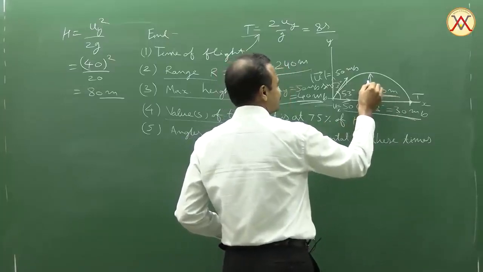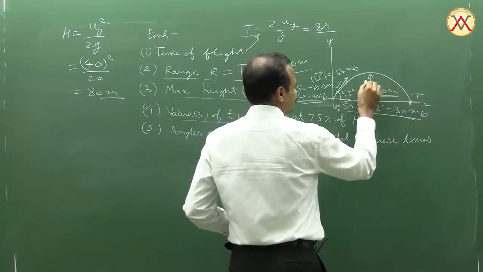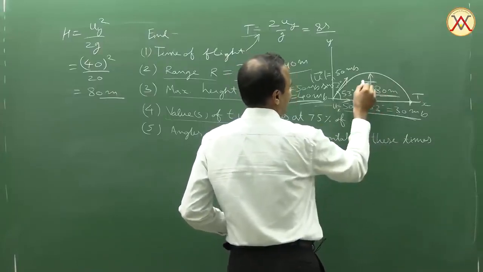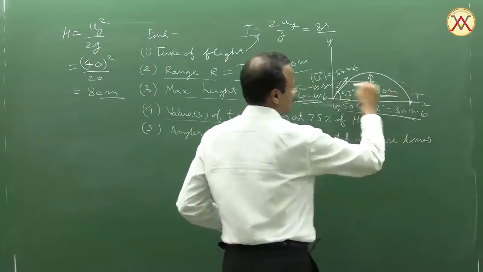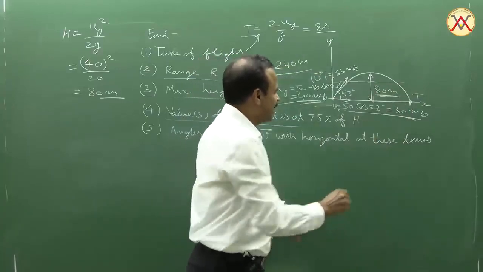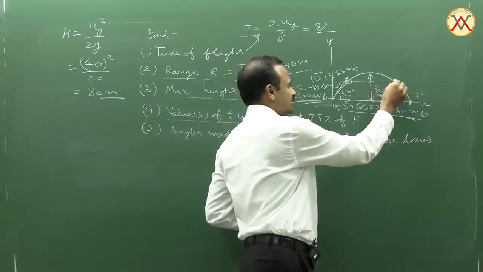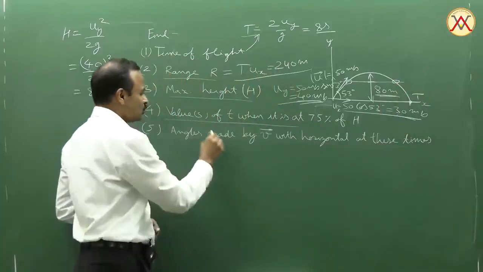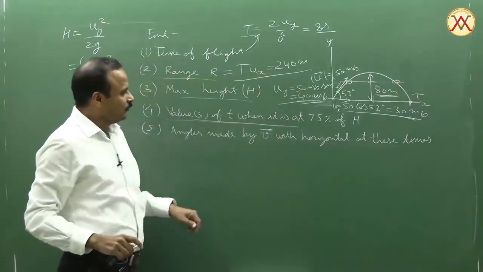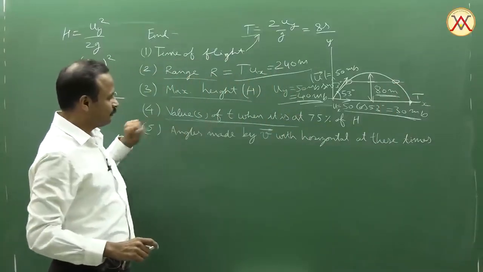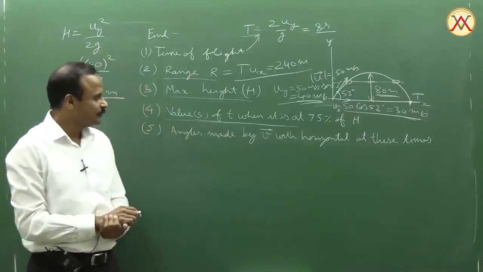That is 60, isn't it? Alright, so let us say 60 is somewhere here, and if I draw a horizontal line at 60 meters, I am getting these 2 points. So we are going to get two solutions for this part 4 of the question.